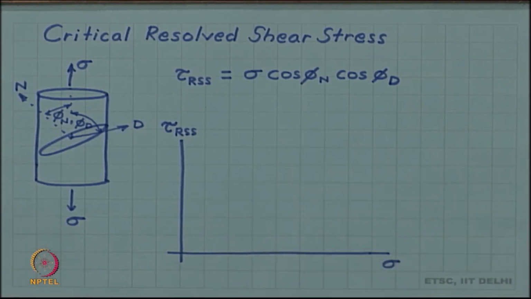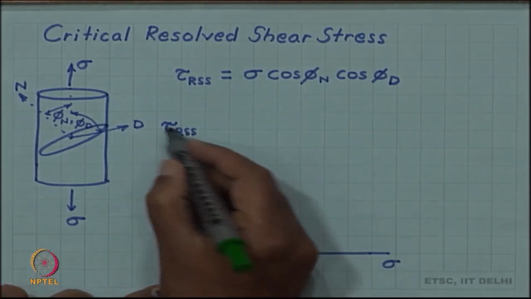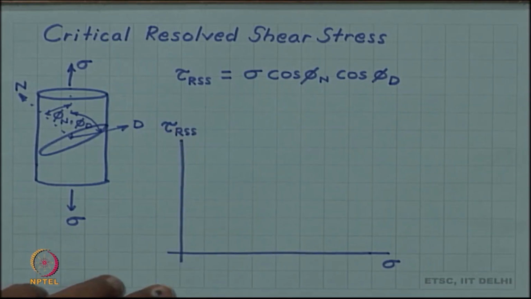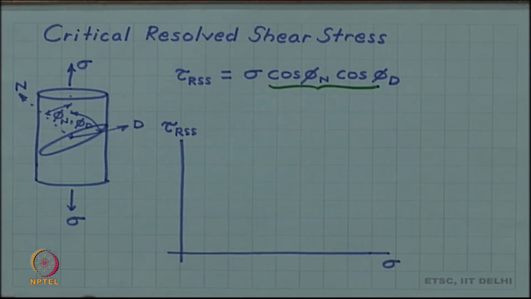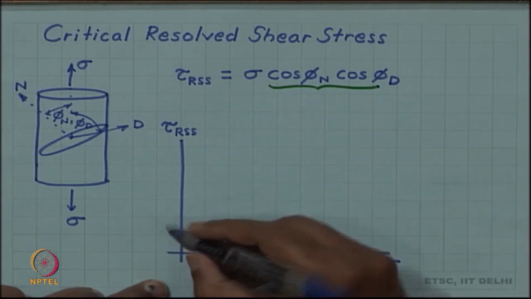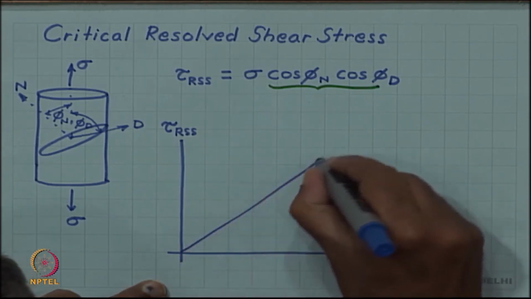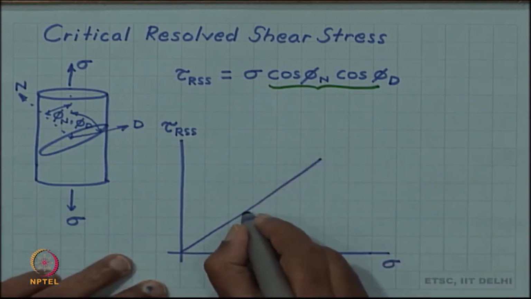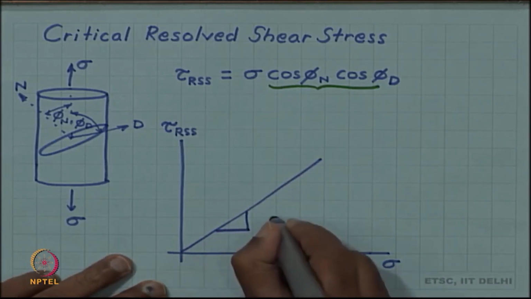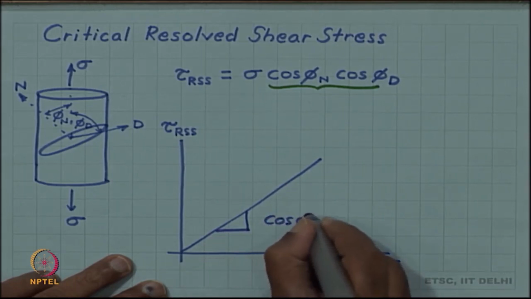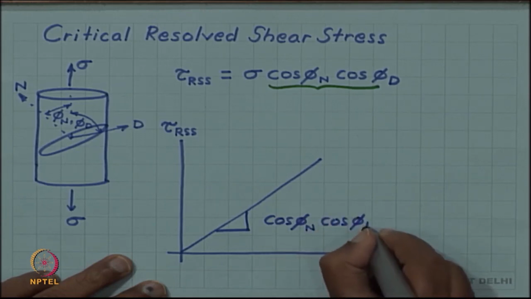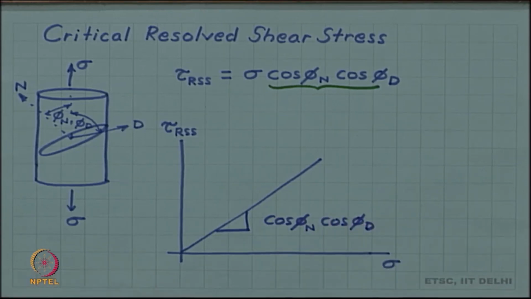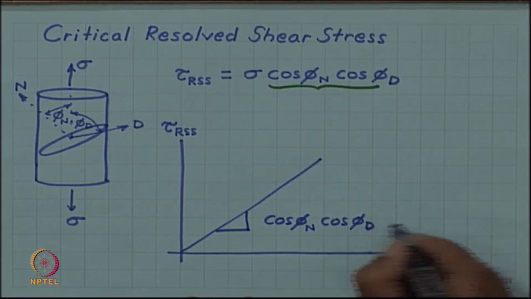So, if we plot this relationship, resolved shear stress as a function of sigma, we expect to get a straight line with this as our slope. So, let us do that. The slope is expected to be cos phi n cos phi d.